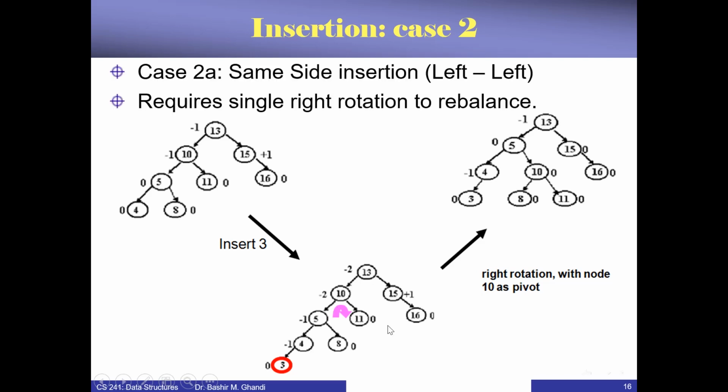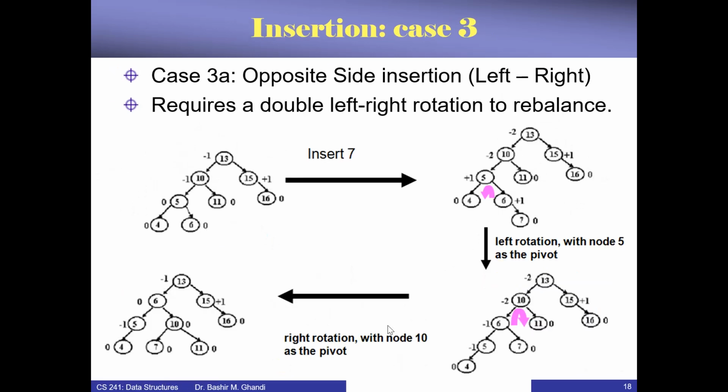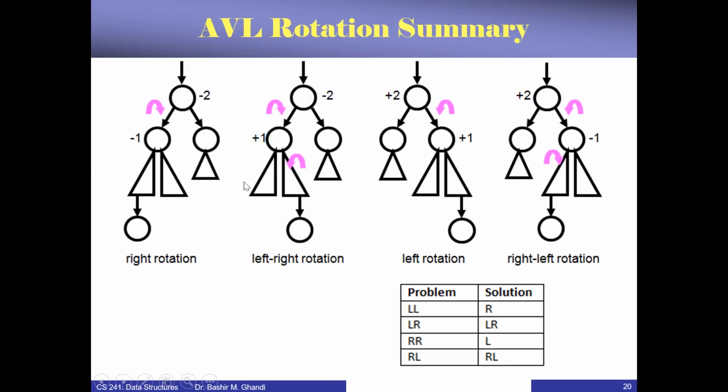I have a good summary here summarizing the different insertions. So left, left will require a single right rotation. Similarly, right, right will require a single left rotation. I have also put it here: left, left as a problem, the solution is single right.